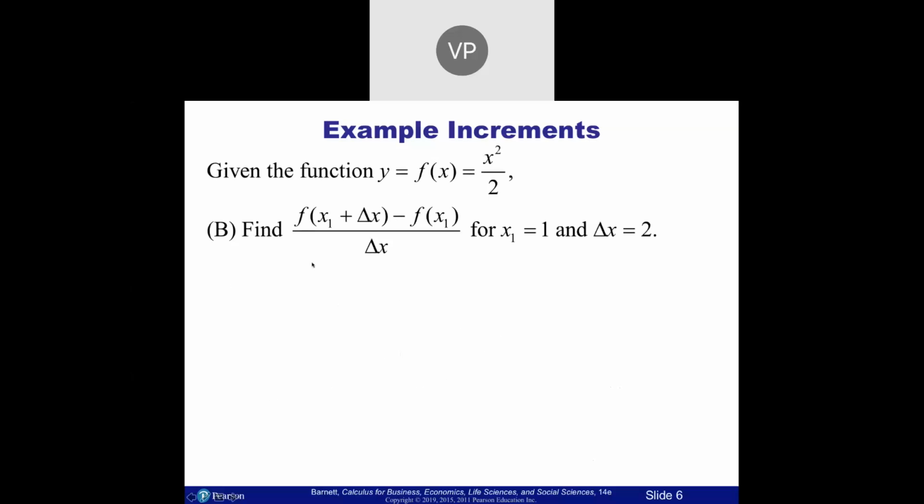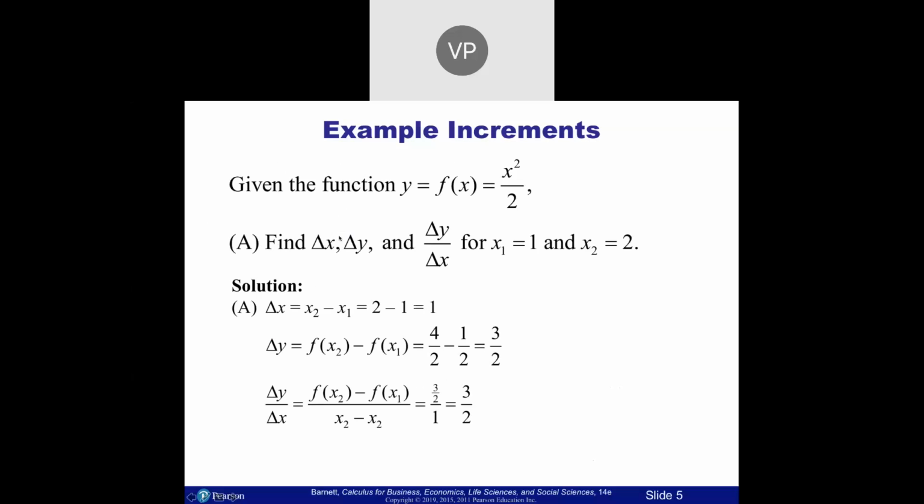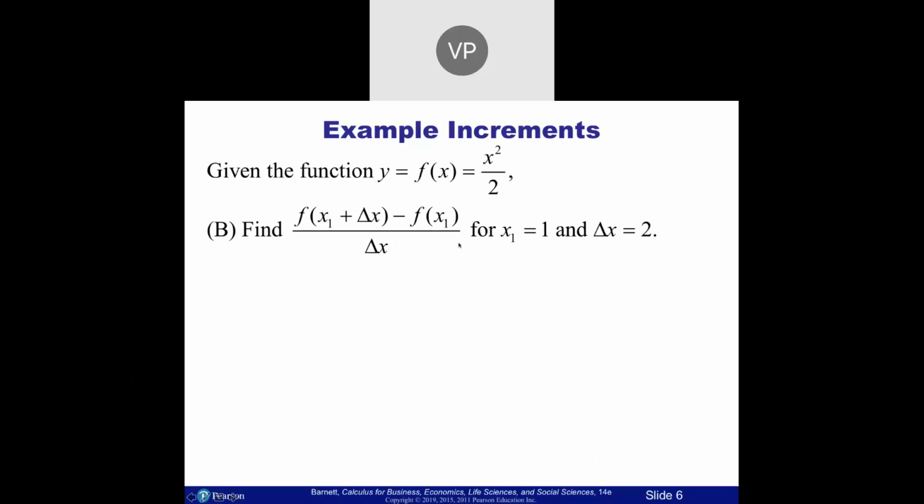Okay, so now they want us to find this and realize this is no different than this delta y over delta x over here. We have a different function though. So they give us the first x value, and they give us the delta x. So there's a little bit different here. So watch how we do this. We're going to plug everything in, and you see here, x plus delta x is basically x1 plus the delta x.